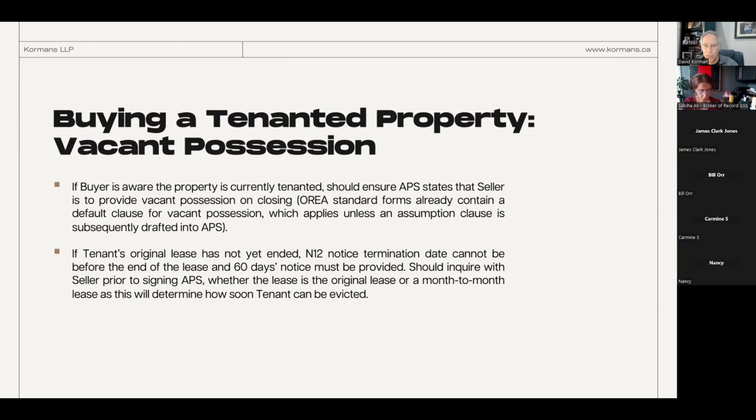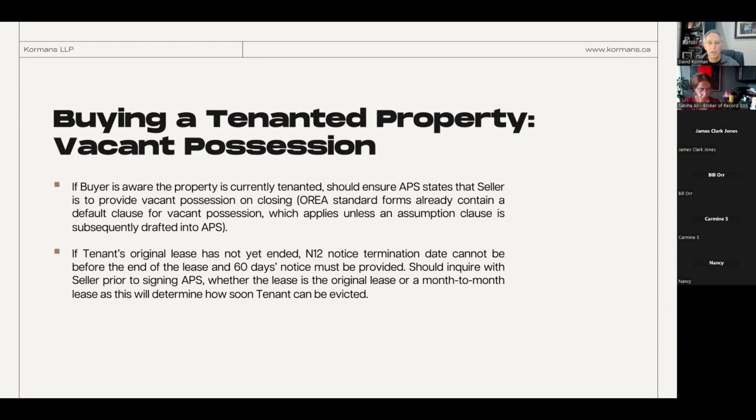You'll never succeed with doing that. So you have to give the 60 days notice, but you can't shorten the term that the tenant is allowed to have under their fixed term lease unless the tenant agrees otherwise. And if you give the tenant incentive, they might agree to something, but you can't require it, and you've got to pay attention to those dates. Okay, so you take a look at that.